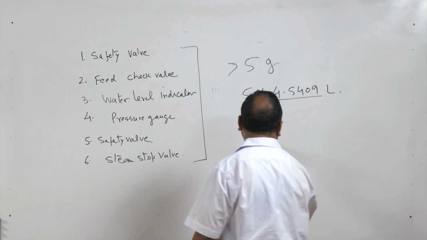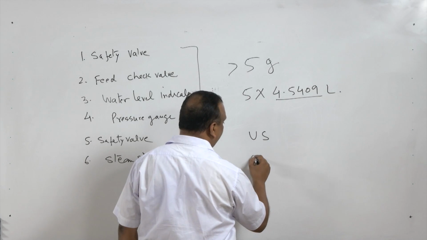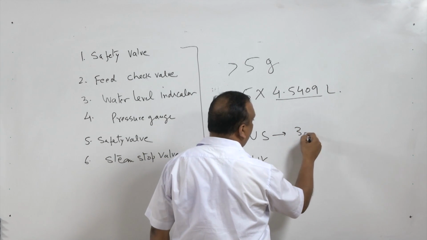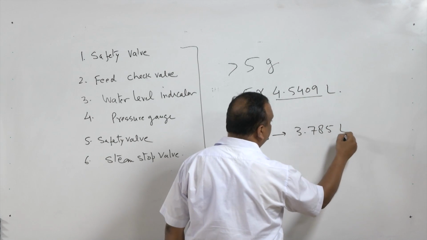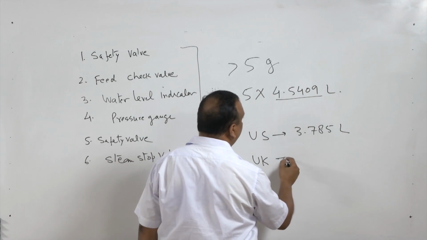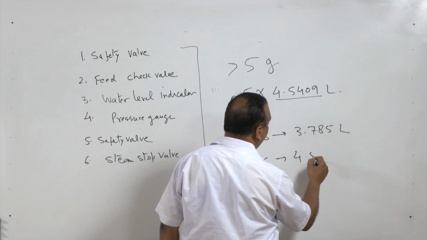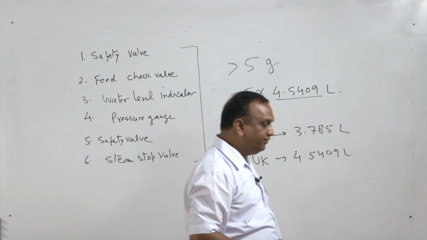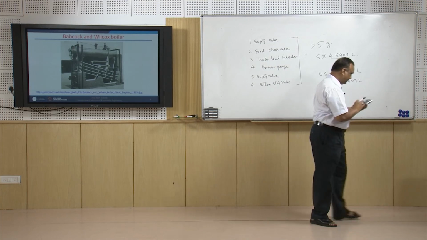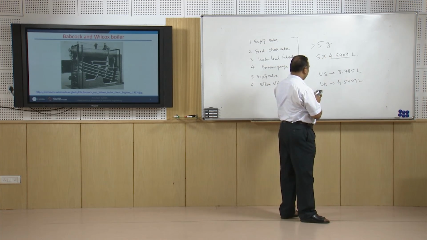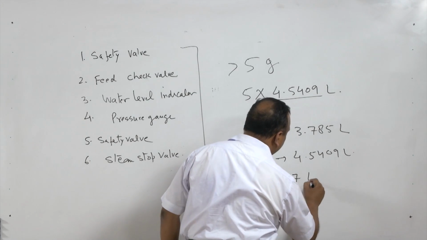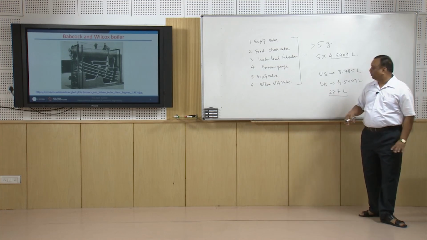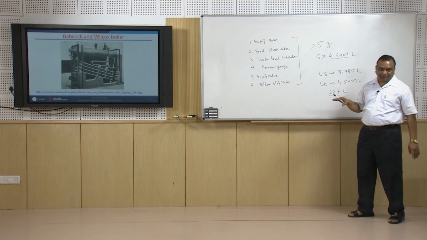One is the US gallon, another is the UK gallon or British imperial gallon. The US gallon is 3.785 liters and the British gallon is 4.5409 liters. So if you take 5 gallons, it comes to around 22.7. So any steam generating equipment which has a volume of more than 22.7 liters.